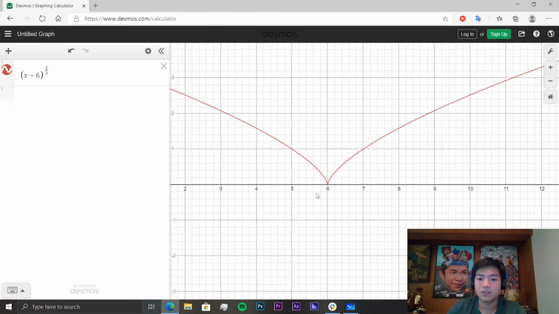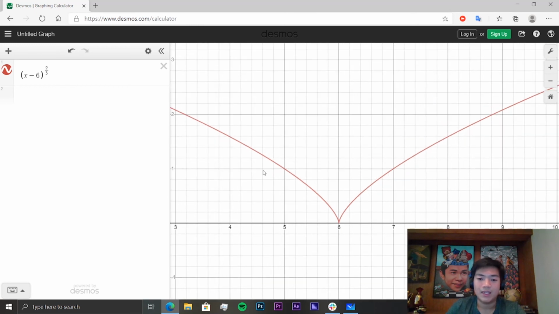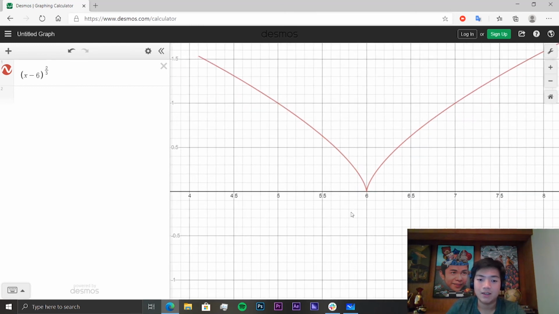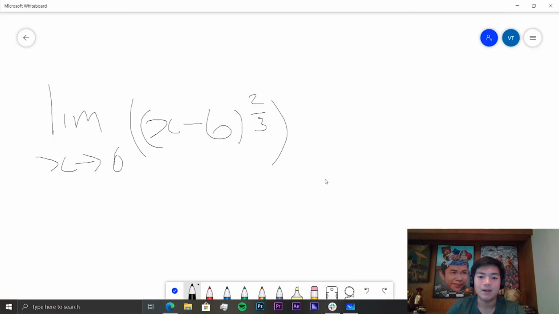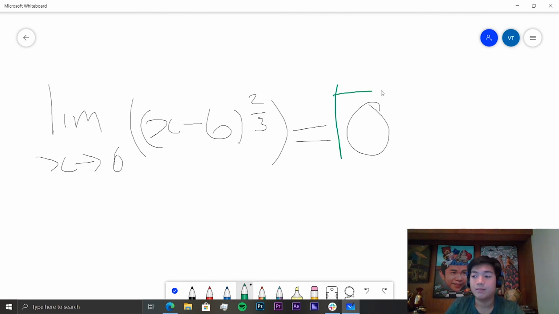As x approaches 6 from the left side, y approaches 0. And as x approaches 6 from the right side, y also approaches 0. So we can say this limit is equal to 0. And that is pretty much it.